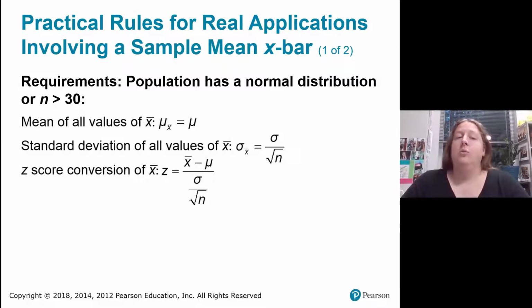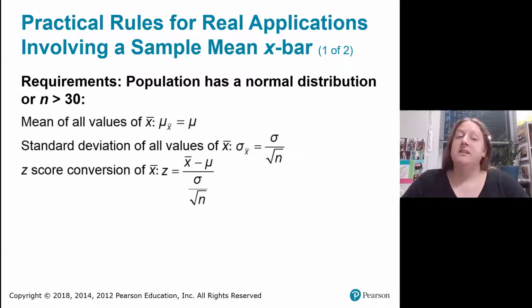And we know that if we take the means of all of our samples, and then we take the mean of the means of the samples, we're going to get the population mean. Similarly, with the standard deviation, if we take the standard deviation of all of the values of x bar, then we're going to get the population standard deviation divided by the square root of n.